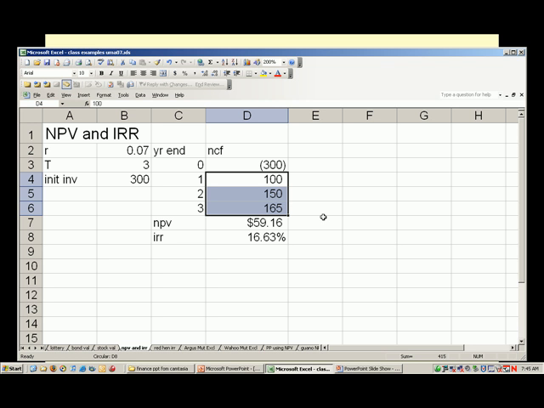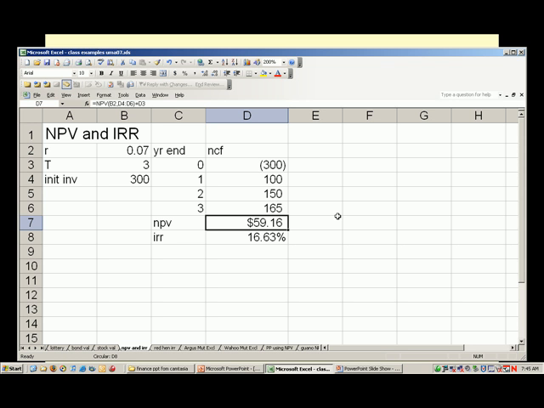But to undertake this new business opportunity, we have to spend $300 right away, or in year 0. So the net of our initial cash outlay and our returns for years 1 through 3 in present value terms is $59.16.